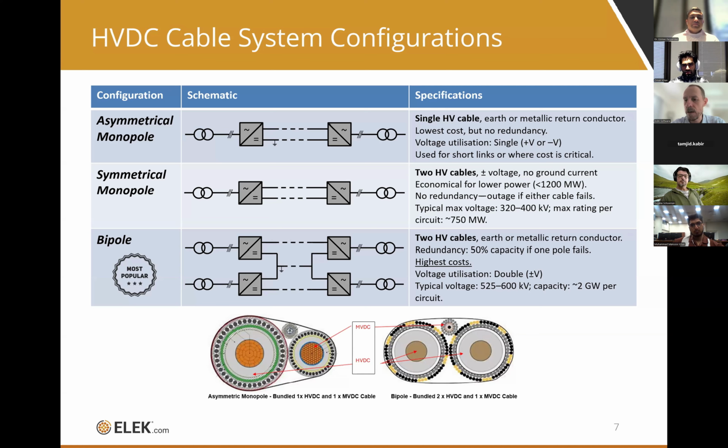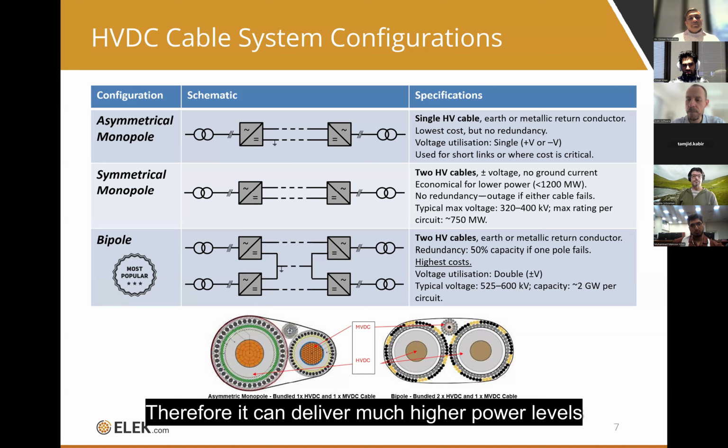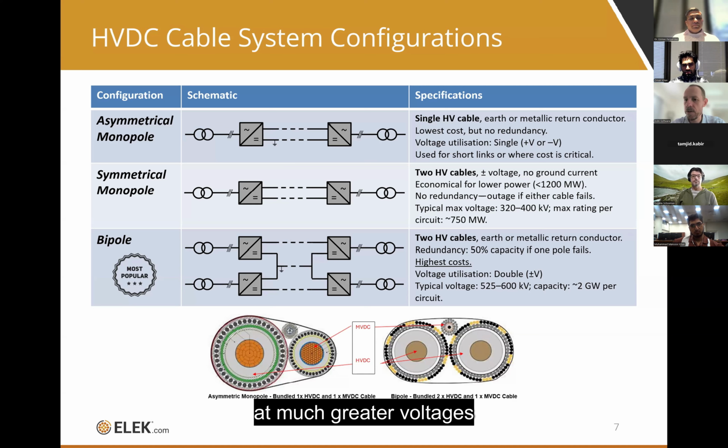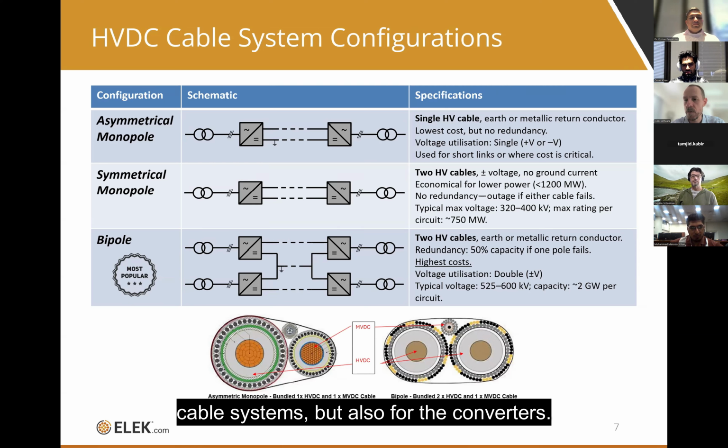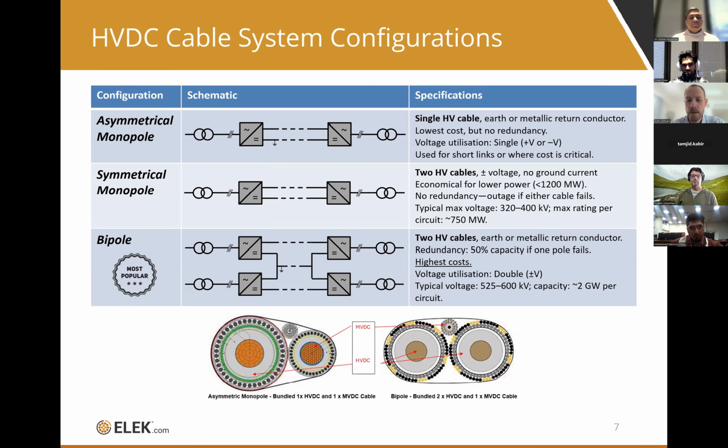Of course, it has much higher costs, but it utilizes double the voltage level of a monopole system. Therefore, it can deliver much higher power levels at much greater voltages. But again, the cost is significantly higher for not only the cable systems, but also for the converters.